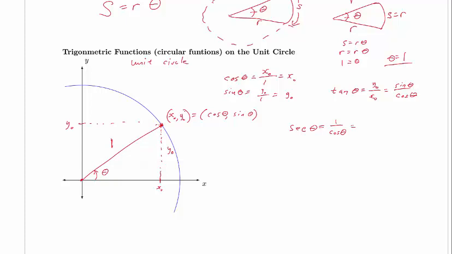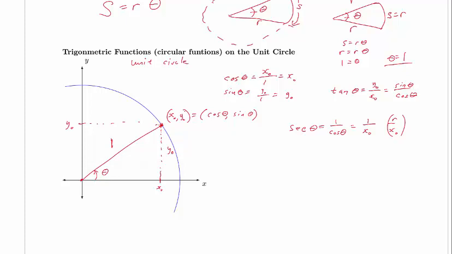Which, again, is the same thing as 1 divided by the x coordinate on the unit circle. If you wanted to be even more general, it would be the radius divided by the x coordinate, but of course the radius simply equals 1.